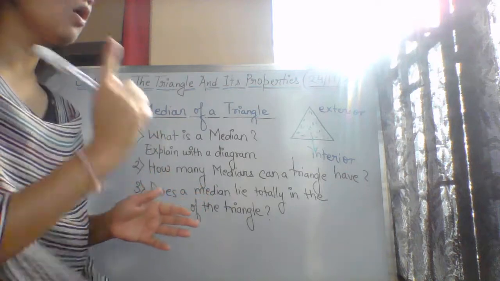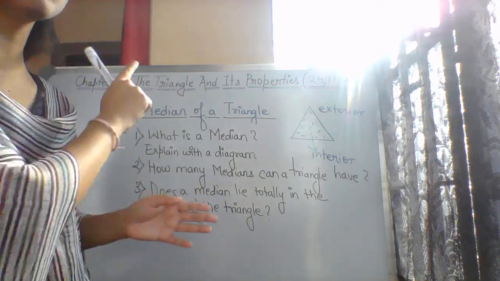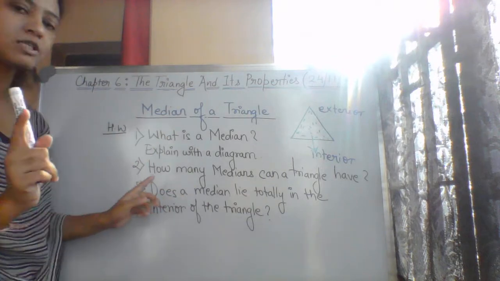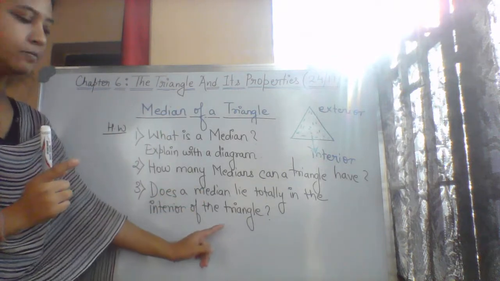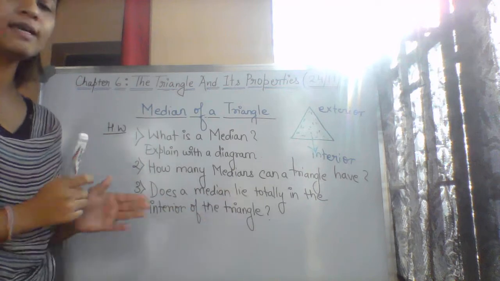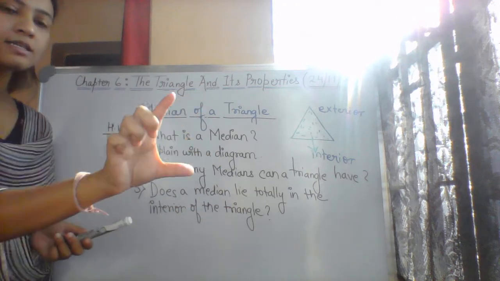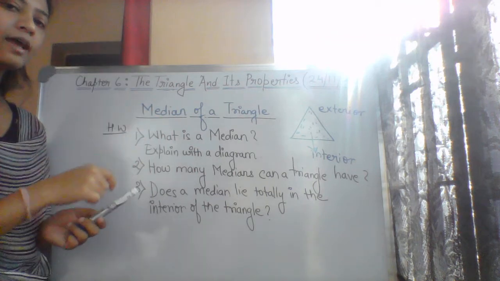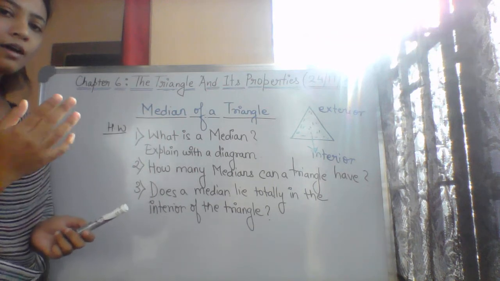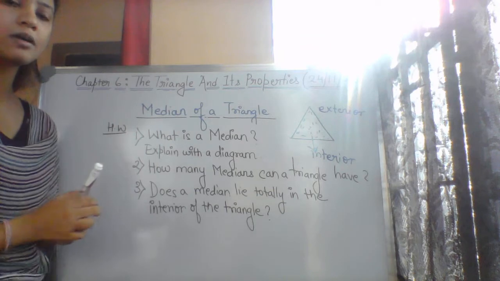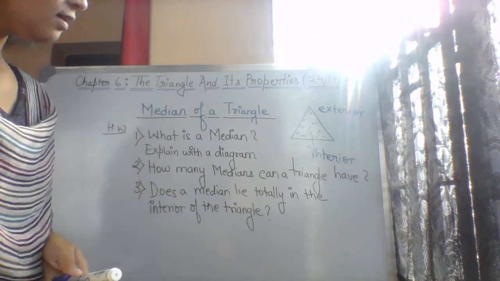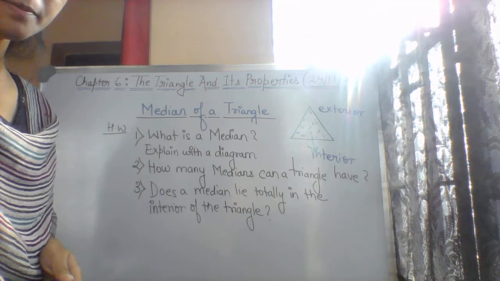You draw all the possible medians in those six triangles. Only after experimenting can you answer. In all six cases, do you find all the medians inside the triangle, or do you find any median outside the triangle also? Then you share that answer. So this is the homework from the median part.